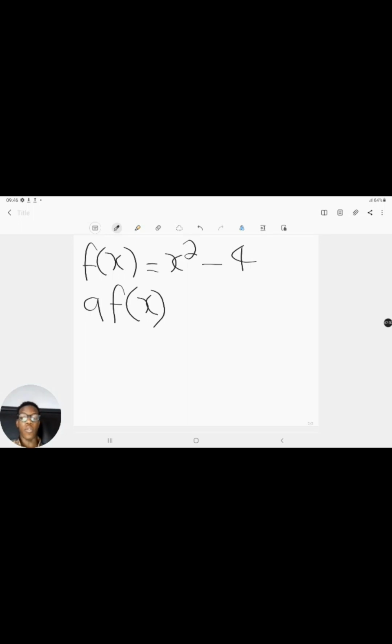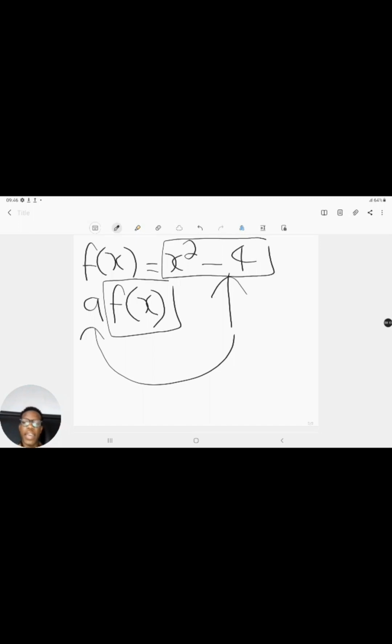Let's say you still have f of x equal to x squared minus 4. Now let's say I ask you to give me the value for a f of x. Well, you know that f of x is given by x squared minus 4. All you do is take everything that makes up f of x and multiply it by a.